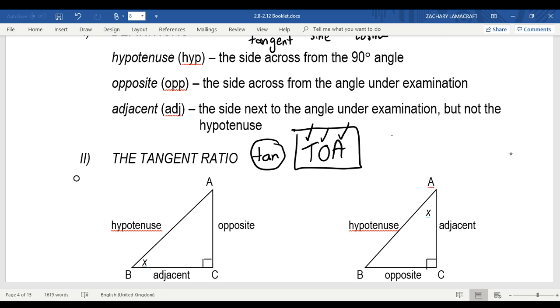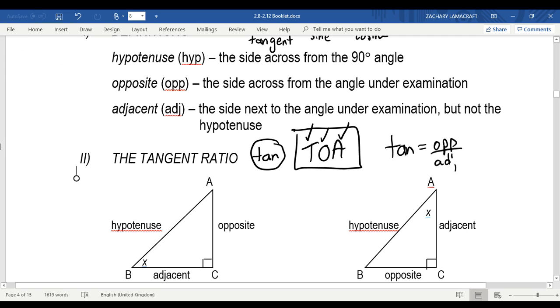And the tan ratio is tan equals opposite divided by adjacent. Might be something clever to write down. Right now you're like, oh my goodness, I have no clue what this means, but I promise you, as we go through this, you'll go, this is super easy.